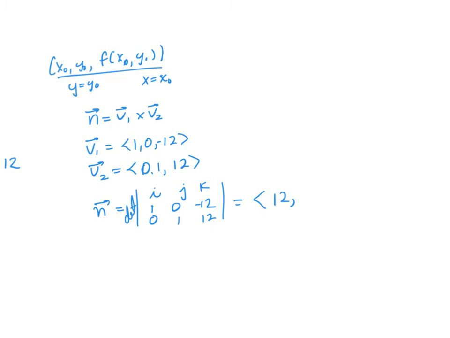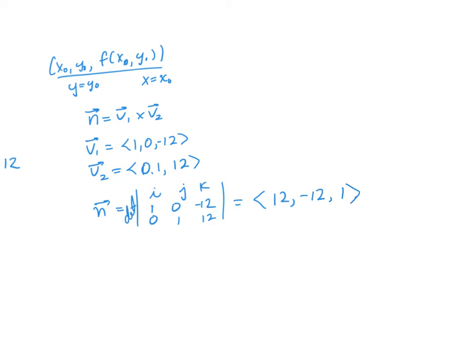And then my second component, when I do this multiplication, don't forget that it's also going to be a negative because it's the second component. So it'll be a minus 12, and then my last component will be a positive 1. And so that is the normal vector.